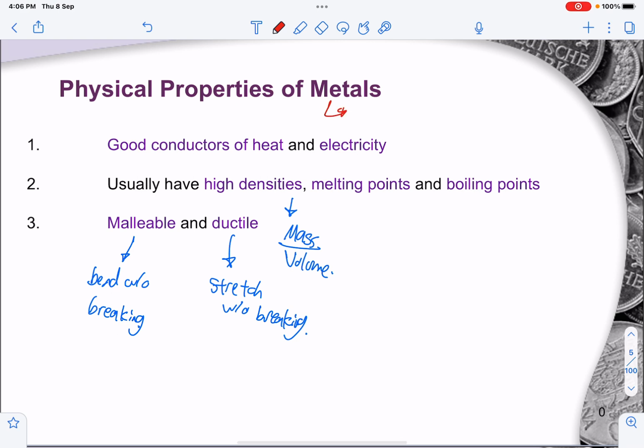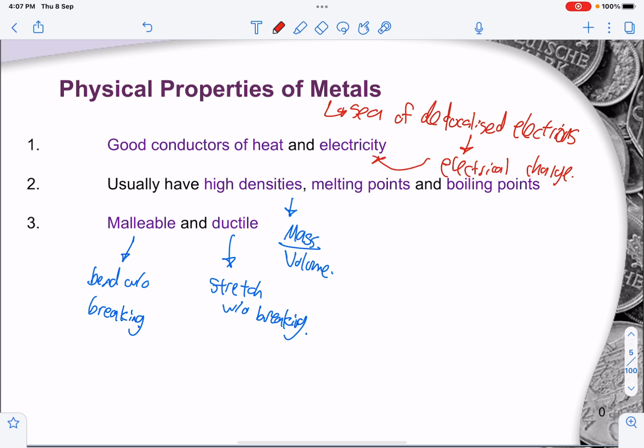So around it, you have the sea of delocalized electrons, and these electrons will carry the electrical charge. Hence, it is able to be a good conductor of electricity.